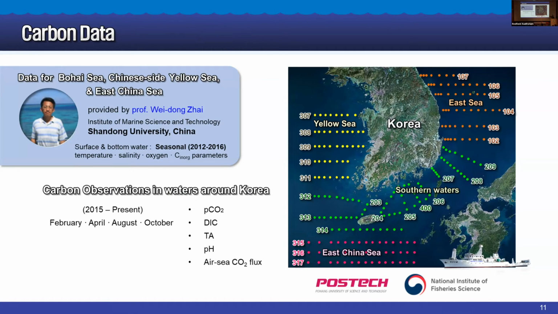And we measured both alkalinity and DIC, and we just calculated other carbon parameters. To complement this data, my colleague from Hanyang University, Weidong Zhai, provided the data collected from the Chinese part of the Yellow Sea and the East China Sea, and also the Bohai Sea.